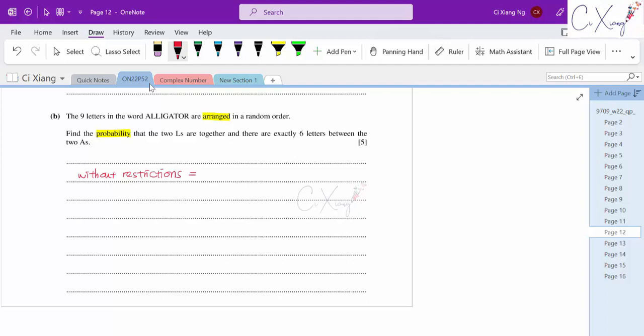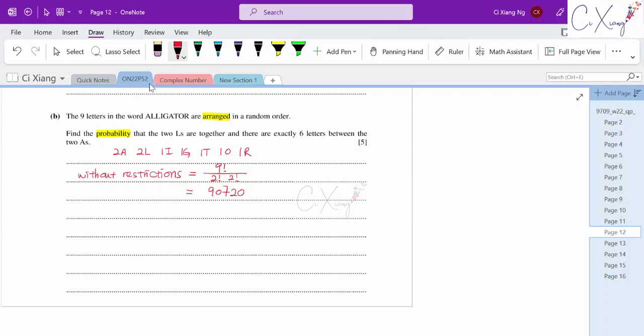For the number of ways to arrange the 9 letters without restrictions, I have 2 A, 2 L, 1 I, 1 G, 1 T, 1 O, 1 R. So I have 9 letters. From the 9 letters, there are 2 identical A, therefore I have to divide by 2, and 2 identical L also, so I divide by 2. The total arrangement without the restriction is 90720.